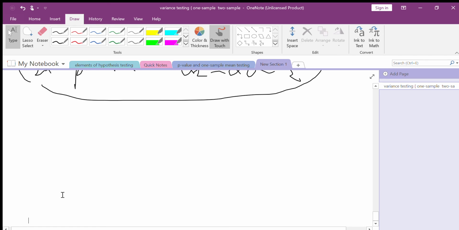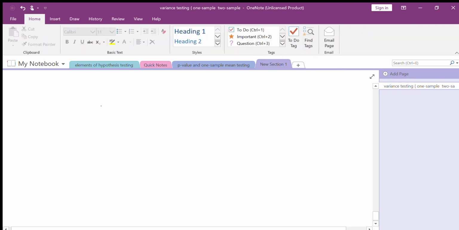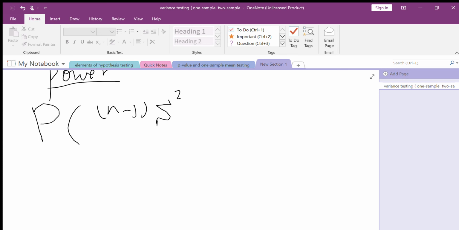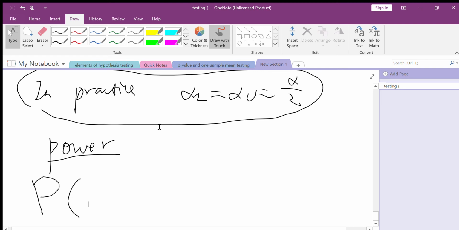So for power in this case, it is the probability of (n minus 1) S squared divided by sigma star squared. We need to specify sigma squared equals sigma star squared from the alternative parameter space.